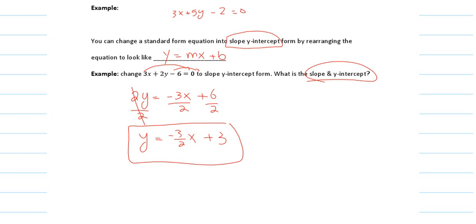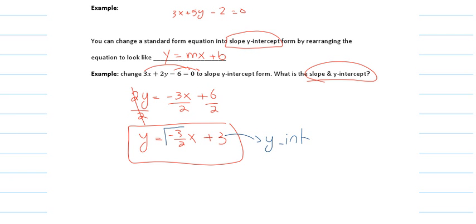Does it look similar? Yes. Now, can you tell me which one is your slope, which one is your y-intercept? The y-intercept is 3. How about the slope? It's negative 3 over 2, right?